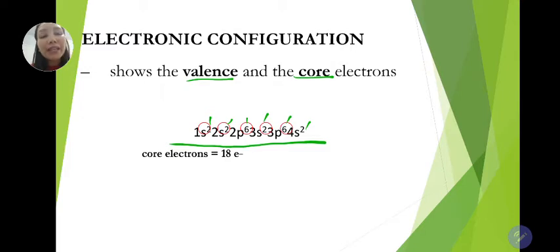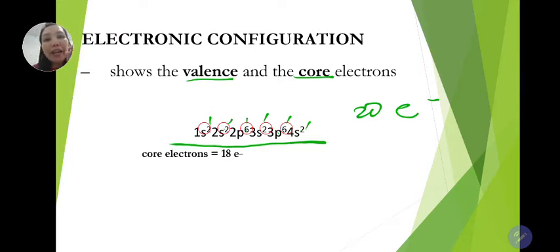So, we have how many electrons? Kung ito yun, 2, 4, 6, 8, 14 plus 2, tama ba? 2, 4, 10, 12, 18. 18 plus 2 is 20. We have a total of 20 electrons in this given example.